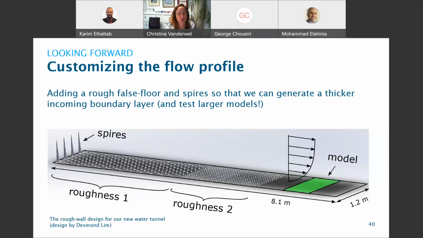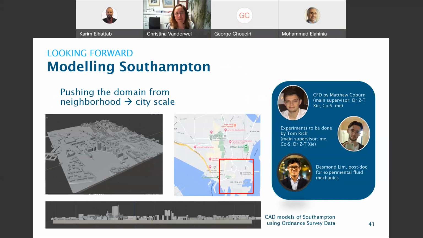This is commonly done in wind tunnels. You might have seen this design in different kinds of atmospheric boundary layer wind tunnels, but it's very seldom done in water tunnels, and we are finding it a little bit tricky, but this is what we're working on right now, and hopefully it will work. I'm very optimistic, and the long-term aim of this research is that we want to model Southampton.